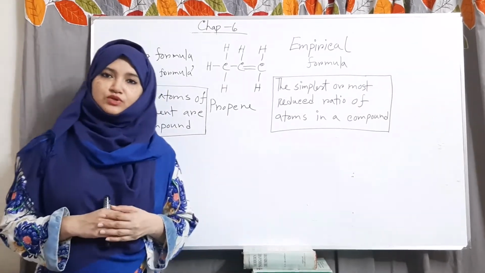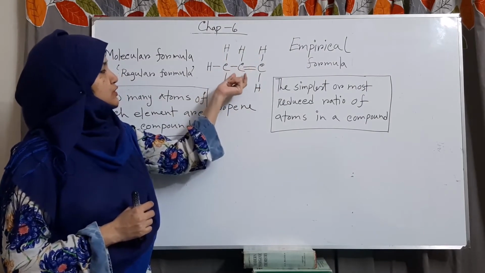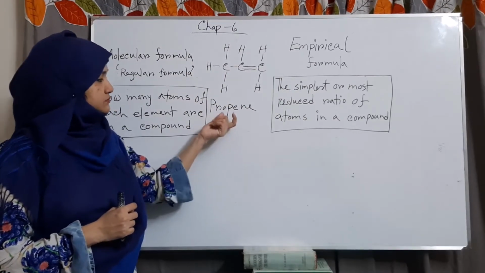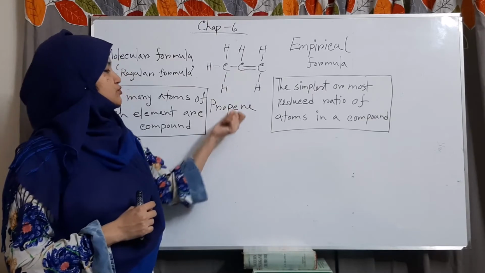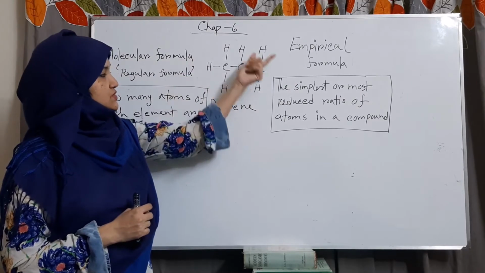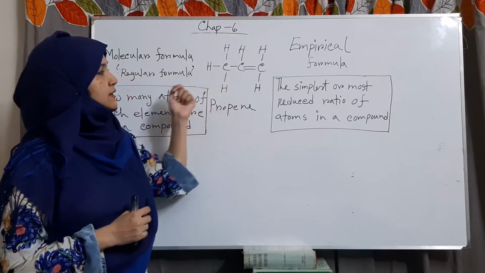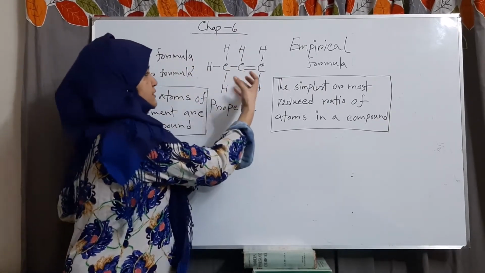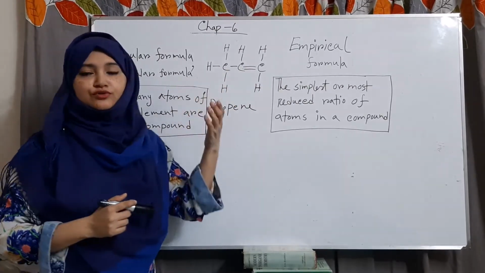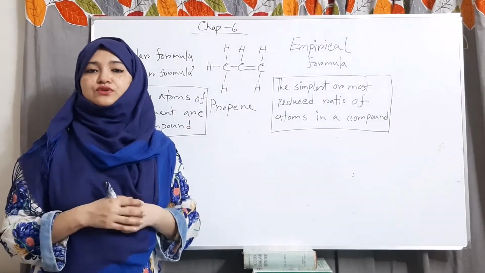What is the structural formula? Here a molecule of the compound propene is shown, and this is the structural formula of propene. Propene is an organic compound. That means the formula expresses a molecule through symbols of atoms and the bonds of atoms, showing the arrangement of atoms in it.